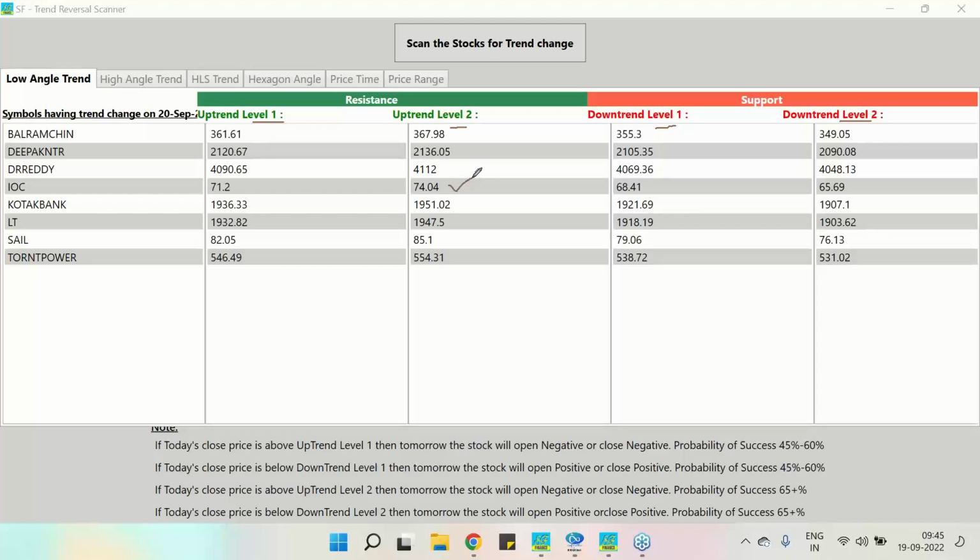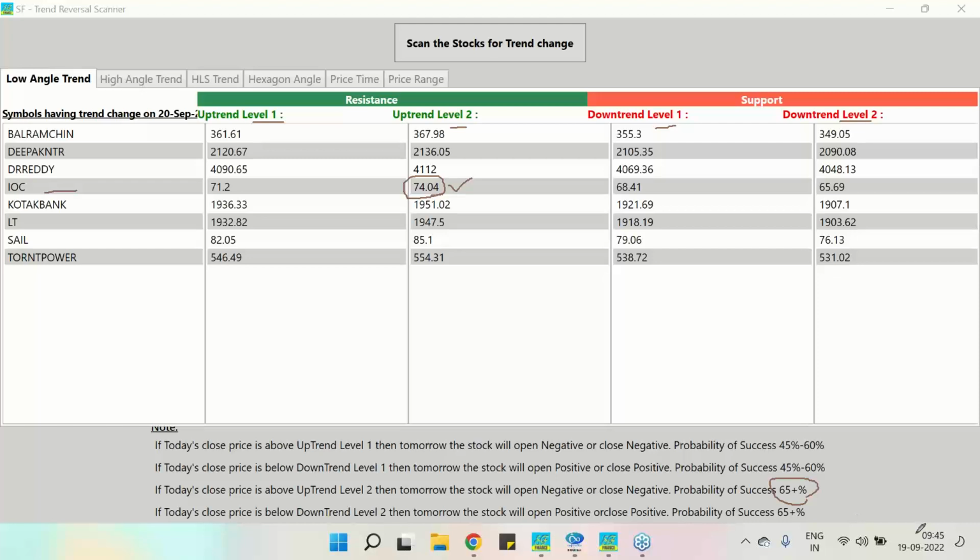Then it is in level 2. Indian Oil Corporation by 3:20 to 3:30, if it is trading above 74 rupees 5 paisa, that means the chance of trend reversal is 65% plus.